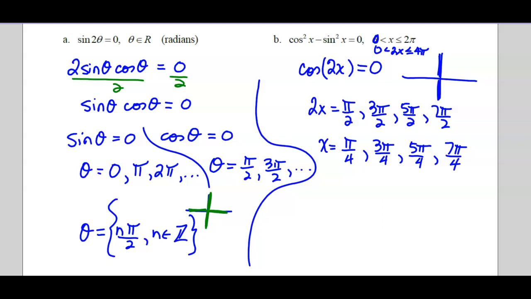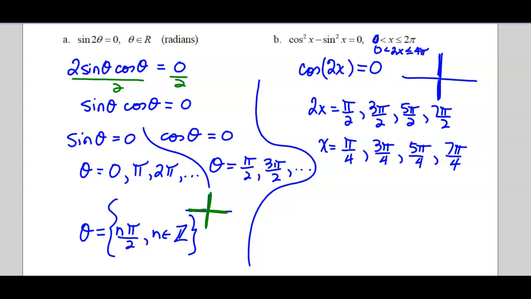Didn't ask for the general solution, but what would a nice simplified general solution be for that? N pi. Even smaller than N pi.